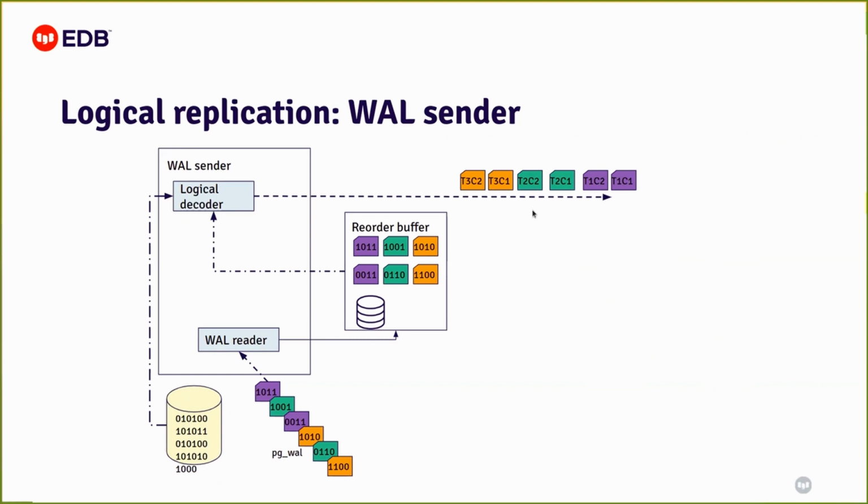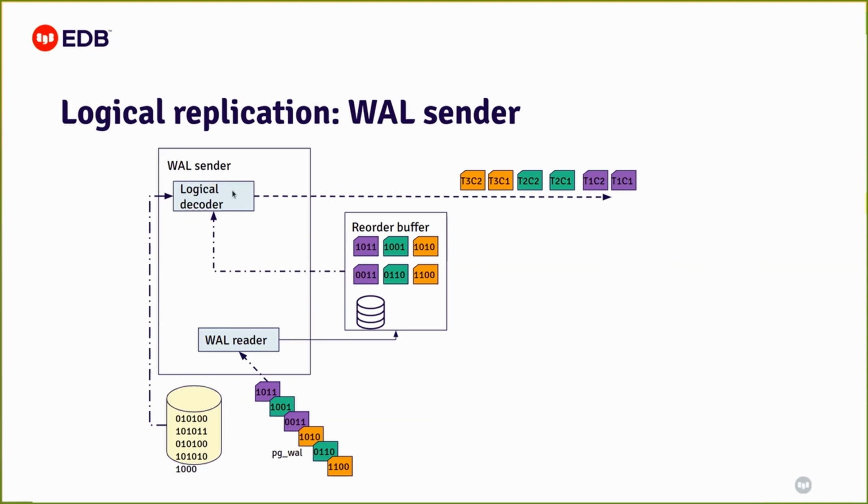For example, here you will see that the WAL records belong to three transactions: purple, green, and orange. The reorder buffer has segregated those WAL records, and as you might notice, the purple transaction finished earlier. So those records are ordered before green and before orange.